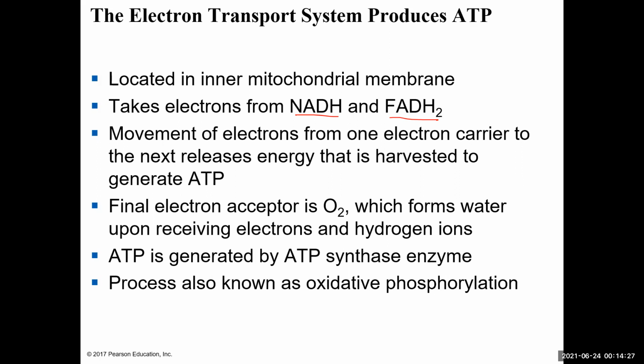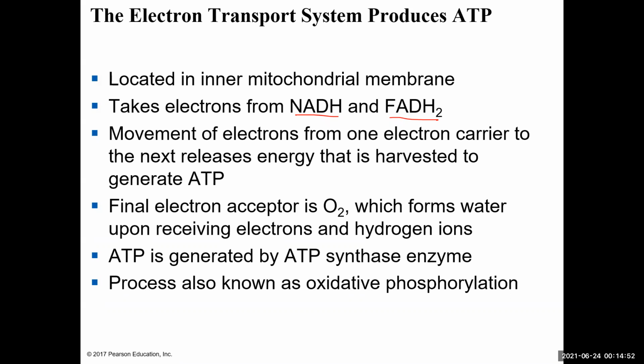And so what's happening is there's this concentration gradient that's being set up across that inner membrane of the mitochondria, and it's creating this diffusion gradient. And that diffusion gradient is going to be used to make the ATP molecules.